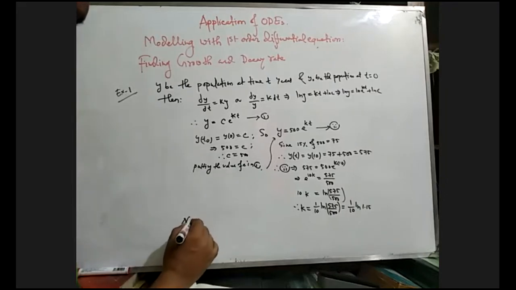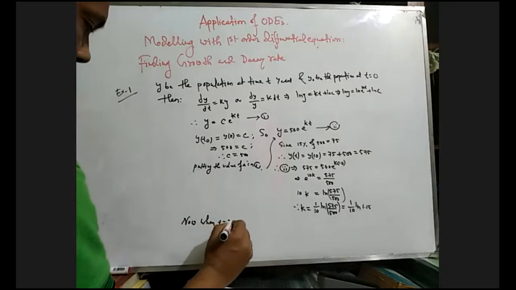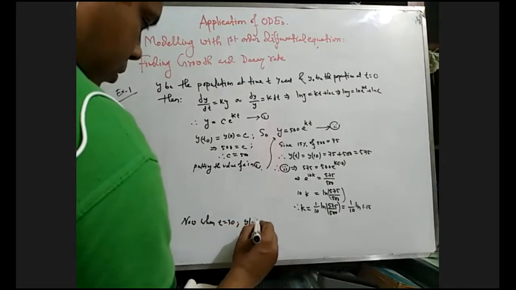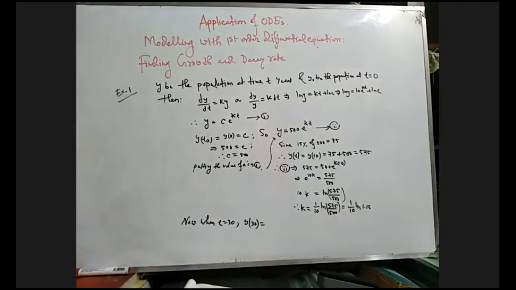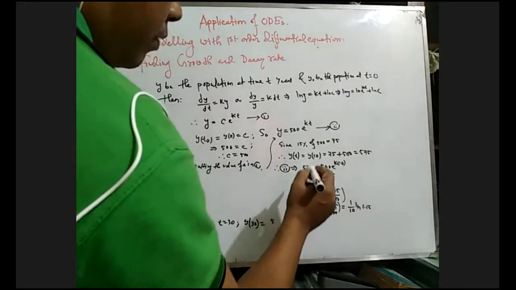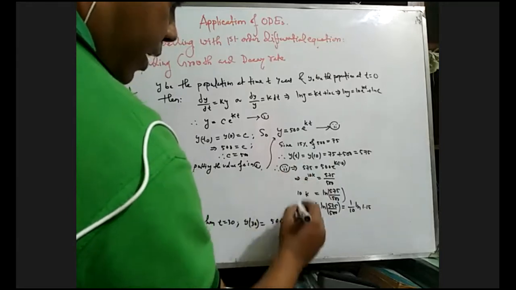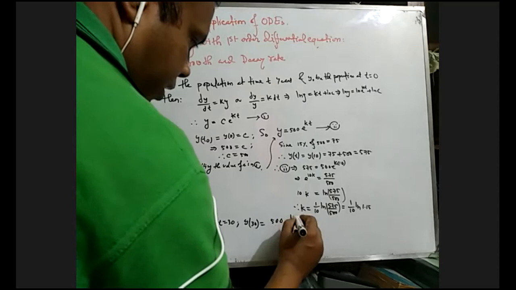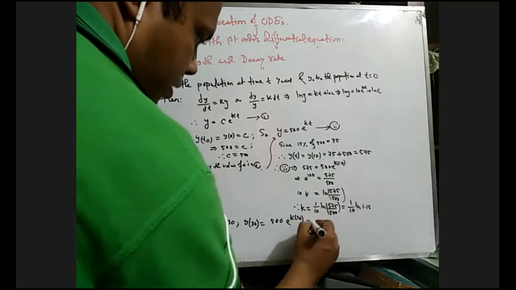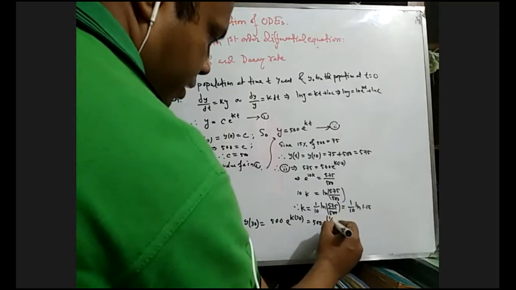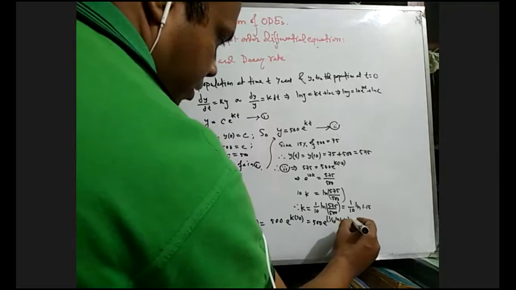Now, when t equals 30 years, y30 from equation 1 will be 500 e to the power k into 30, that is 500 e to the power 1 by 10 ln 1.15 into 30.